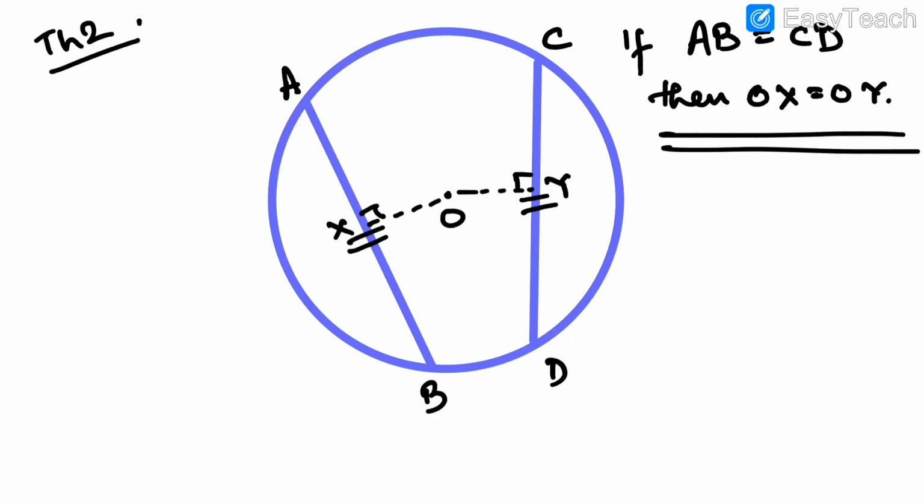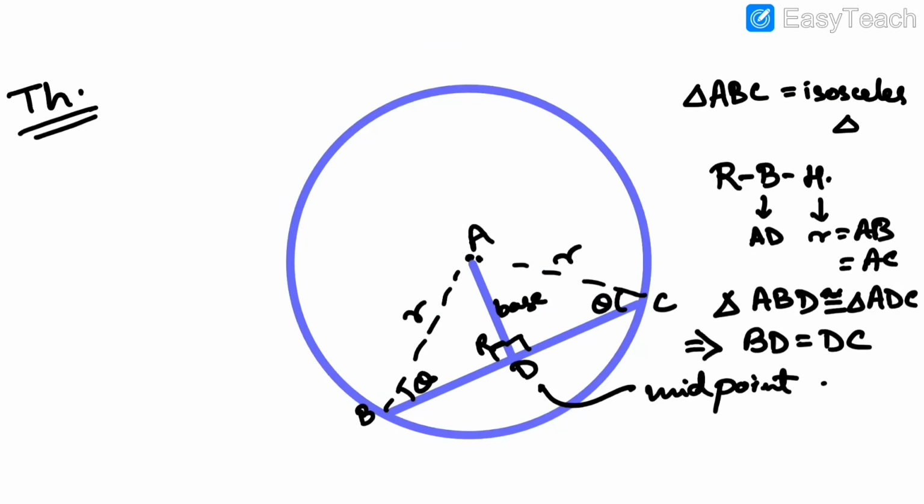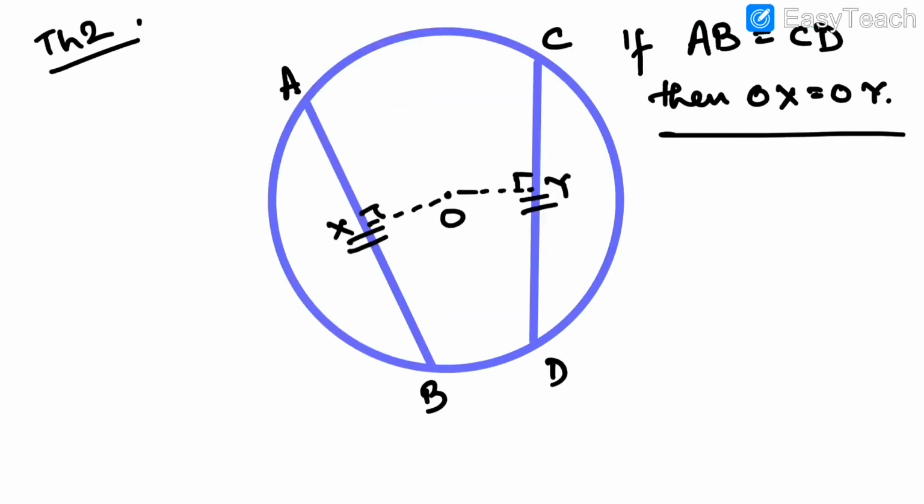Extremely simple, you know it, right? So AB equals CD. From theorem 1, let us name the previous slide as well. This is theorem 1, and this slide is theorem 2.